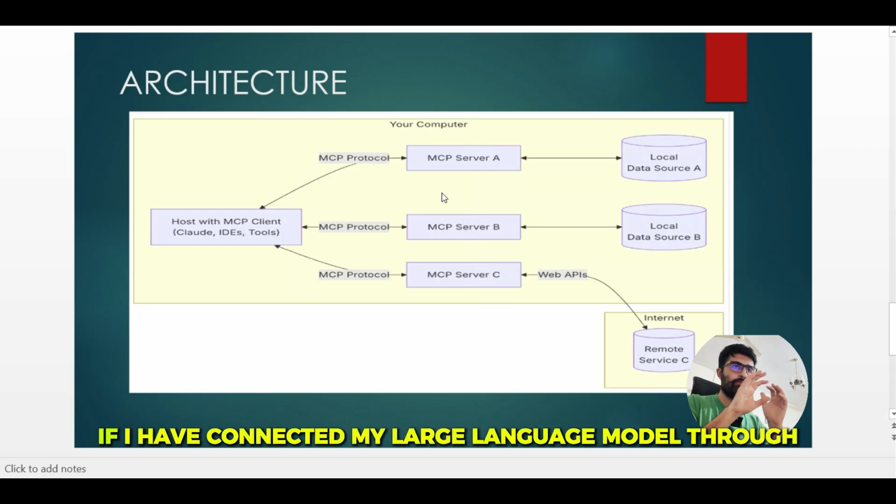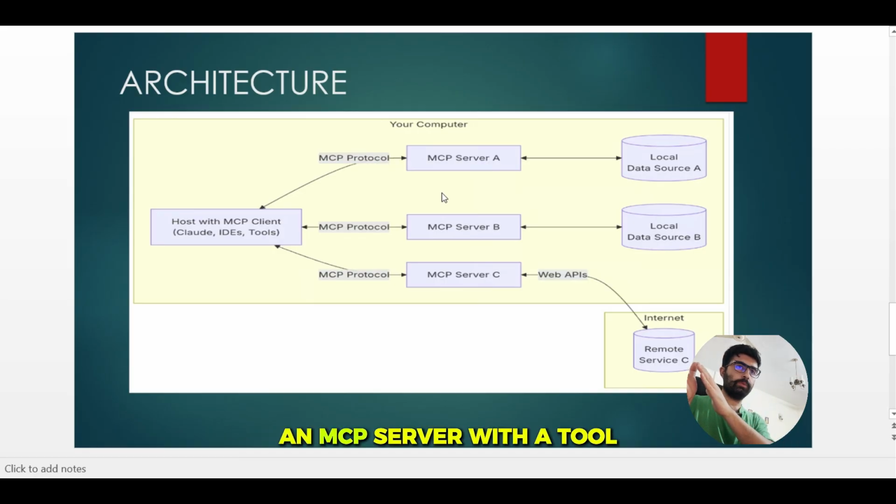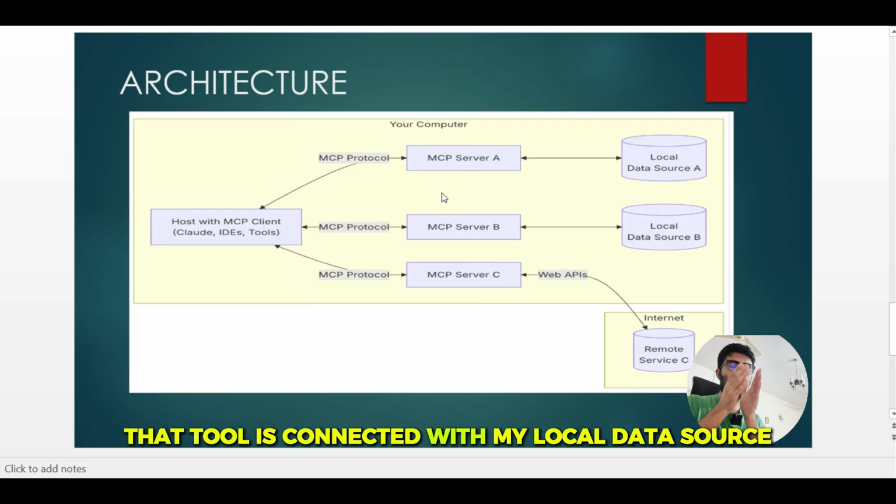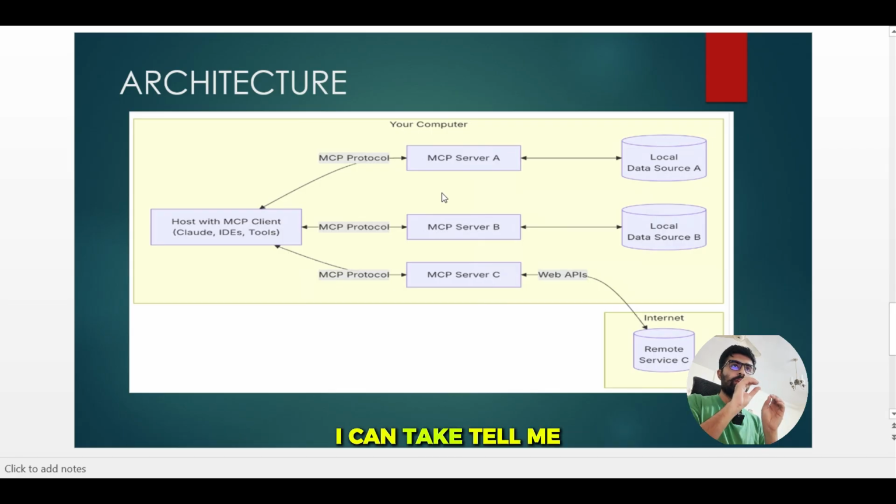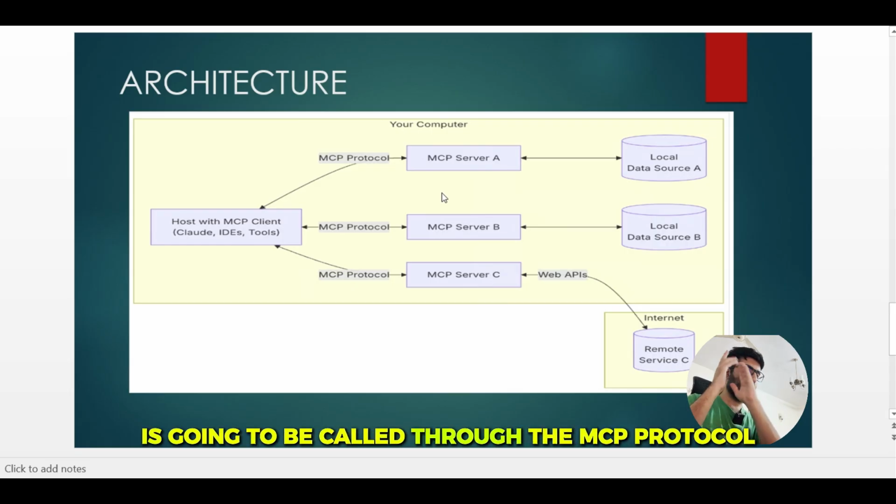Or for example, if I have connected my large language model through an MCP server with a tool I have defined, and that tool is connected with my local data source, I can ask for specific information about Isaac, and that information is going to be called through the MCP protocol.